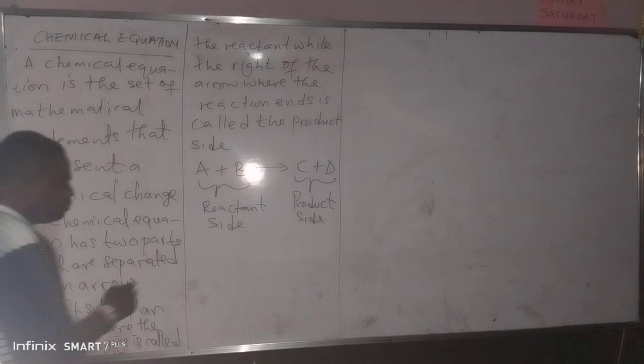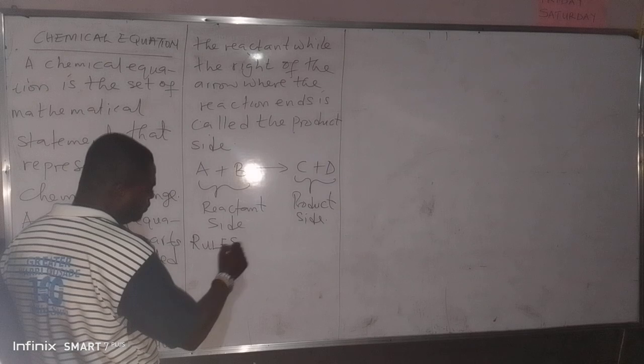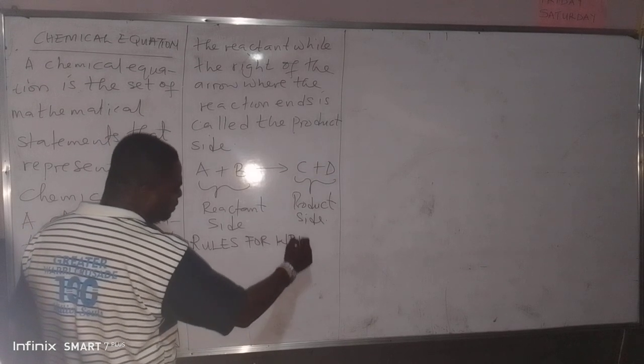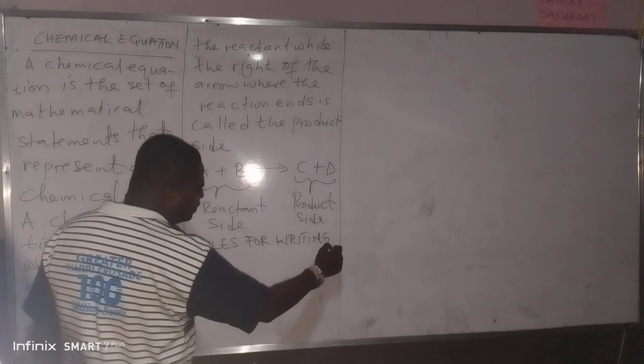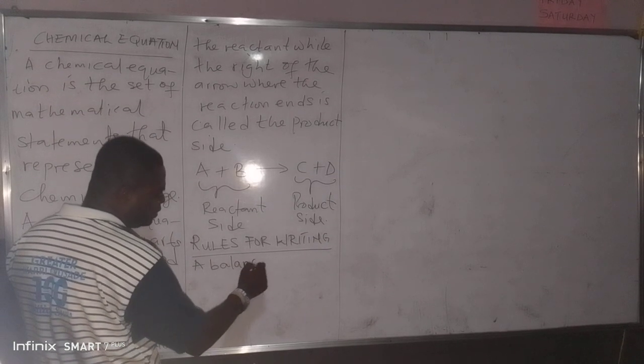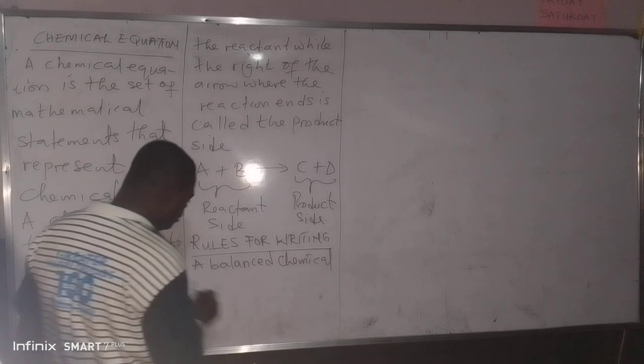What are the rules for writing a balanced chemical equation?